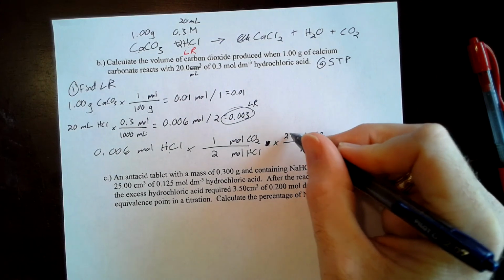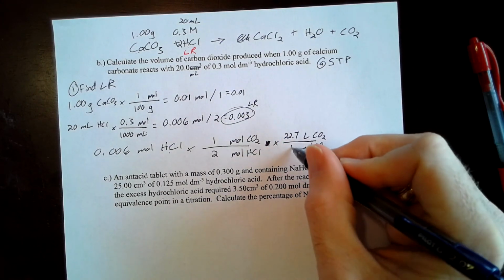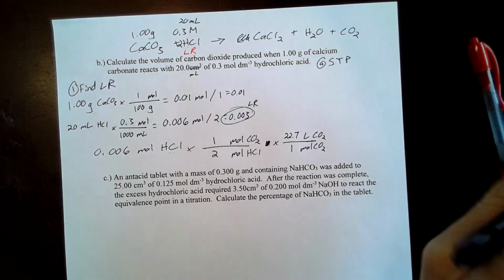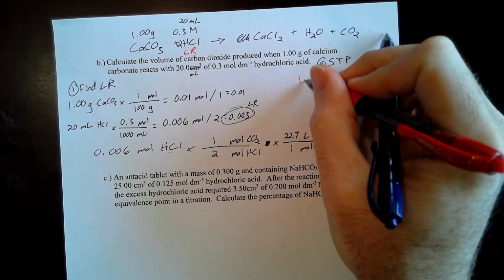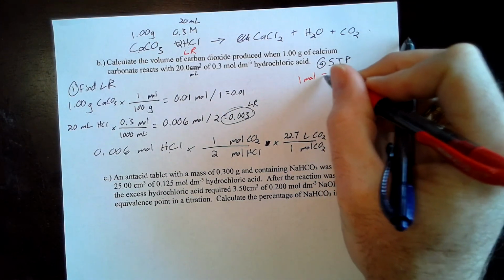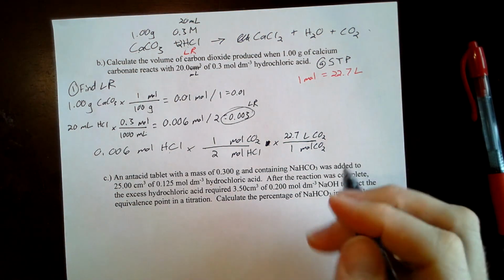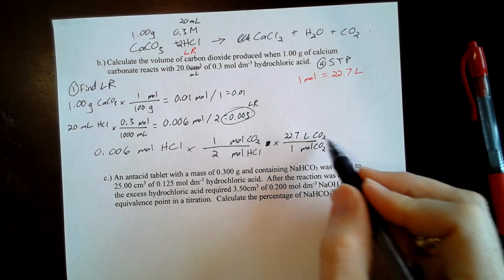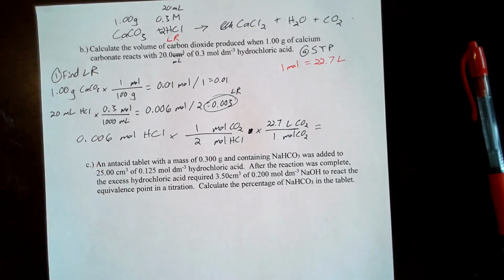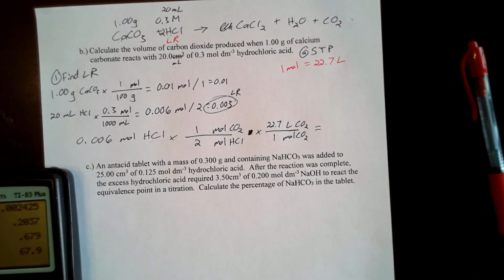That's going to be 22.7 liters per 1 mole, because you remember that 1 mole at STP is 22.7 liters, right? So we can find the amount of carbon dioxide produced.